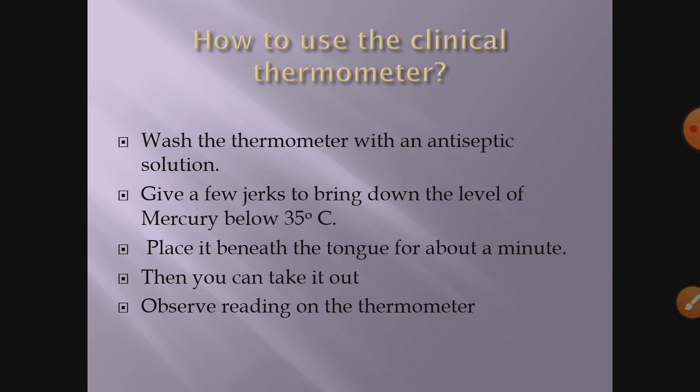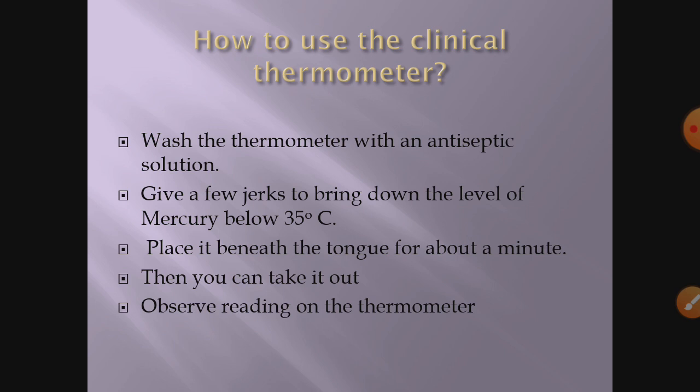Before using it, one should give it a nice jerk so that the mercury level comes down below 35 degrees Celsius. If it is already above 35 degrees Celsius, it won't be capable of giving the accurate temperature.